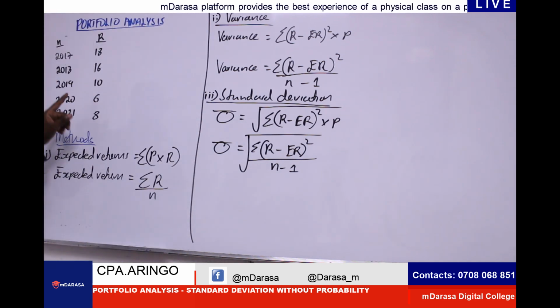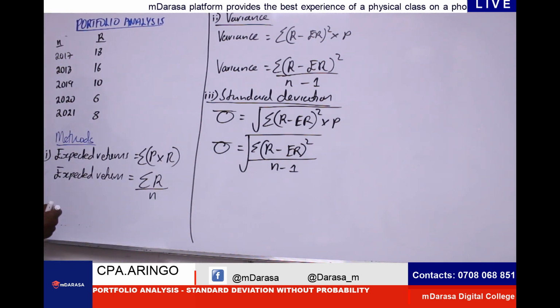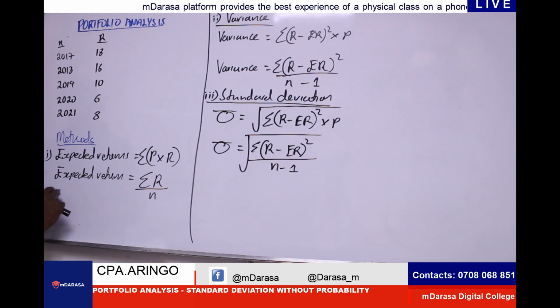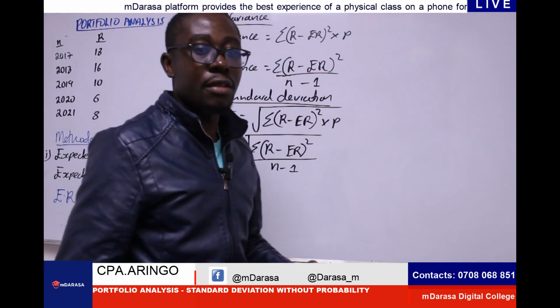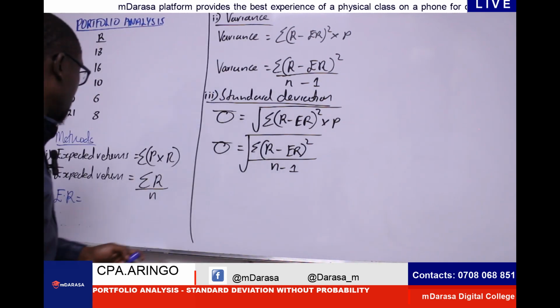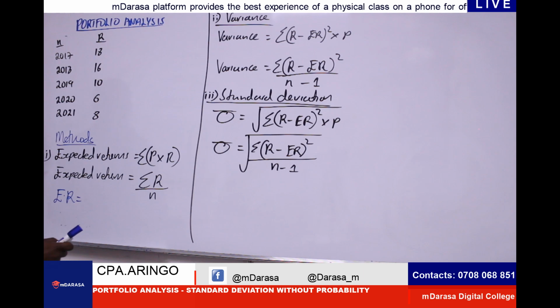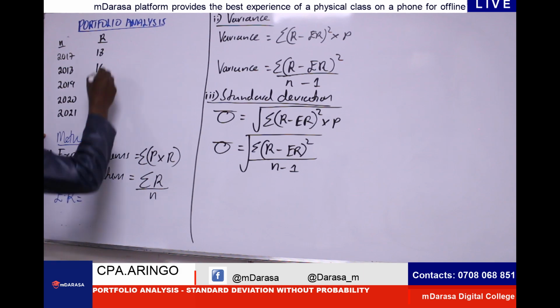So our task number 1 here is to determine our expected returns. The good examiner wants us to determine our standard deviation. You can't determine your standard deviation without your expected returns. So what will be our expected returns?